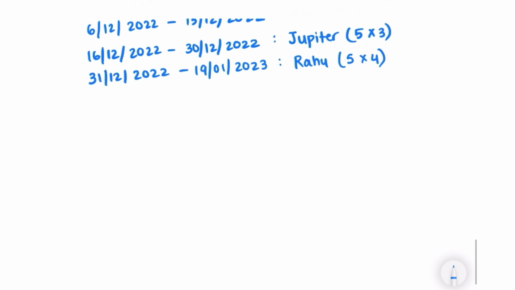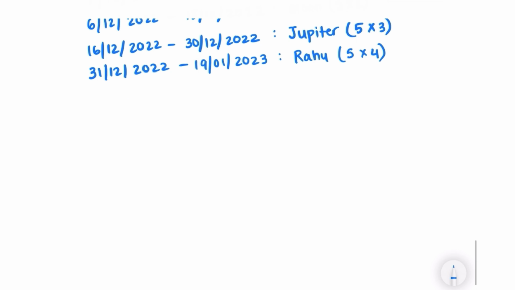Okay, so you keep calculating until their next birthday comes. Okay, so we are in Rahu, so now it's Mercury, which is again 25. So you add 25 days to this.